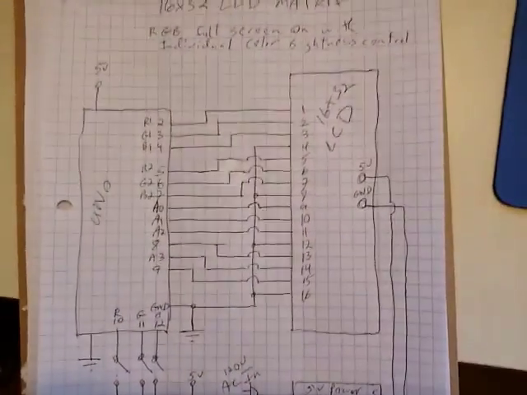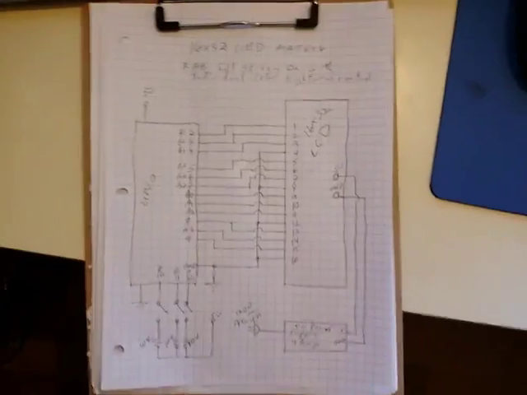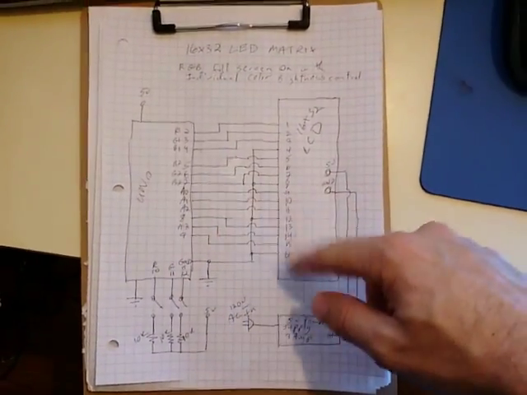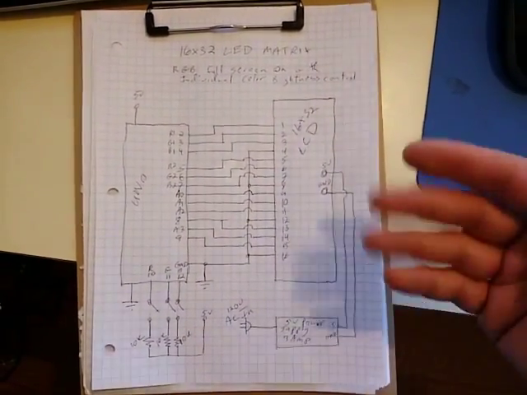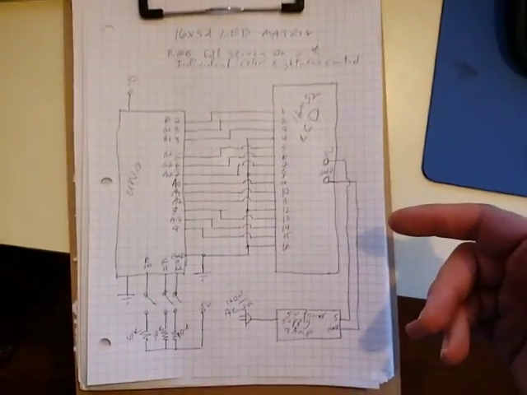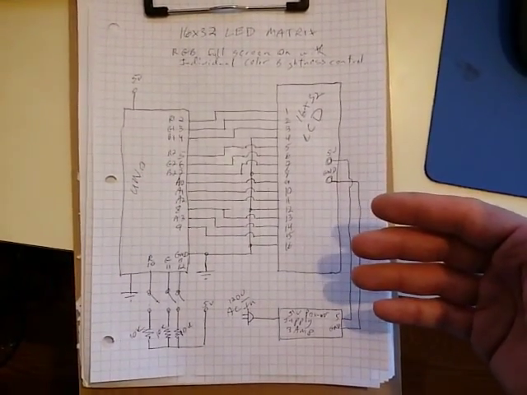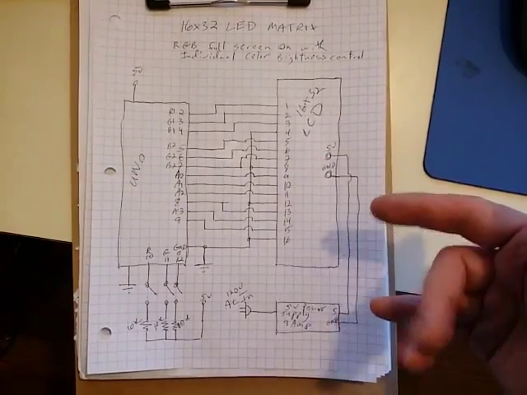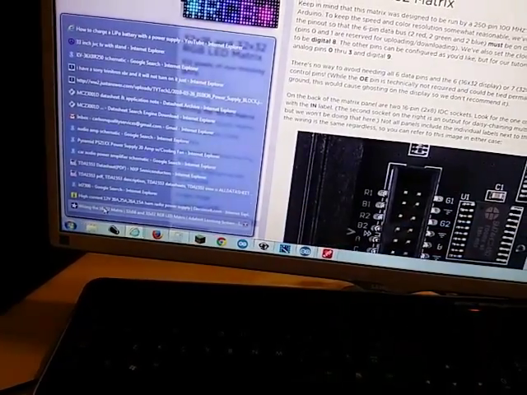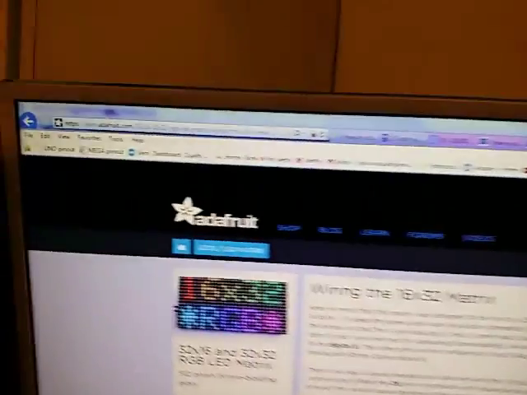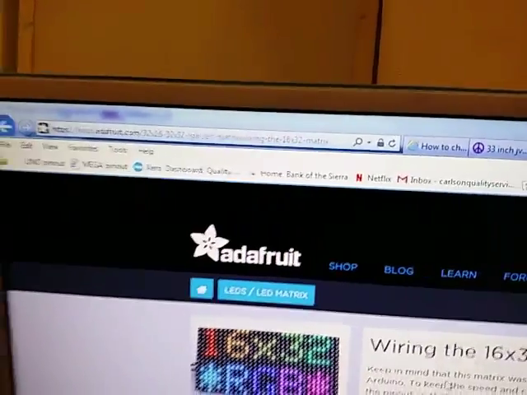This is the schematic for it, and all of this is explained in the PDF that you can download. I think I downloaded it from the Adafruit site, which, just a sec, let me get that up while we're at it. Yeah, right here. So here's the Adafruit, learn.adafruit.com, and that's the link.